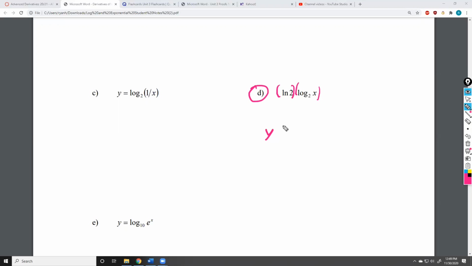So when we do this, we can just say that y prime is, we're going to have natural log of 2 times the derivative of log base 2 of x. Well, derivative of log base 2 of x is 1 over x times the natural log of the base. If you want to do this as a product rule, you can do it as a product rule, and you're going to get the same answer because derivative of natural log of 2 is 0. So that second term is going to cancel out. Hey, natural log of 2's cancel. It's almost like the problem was set up that way.